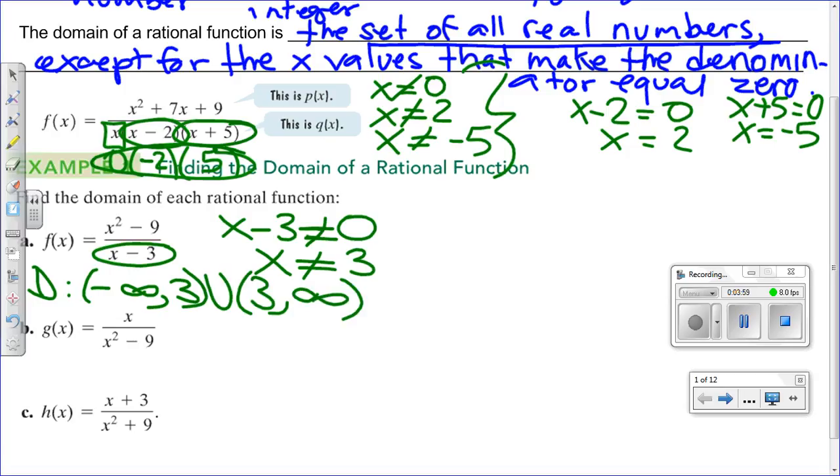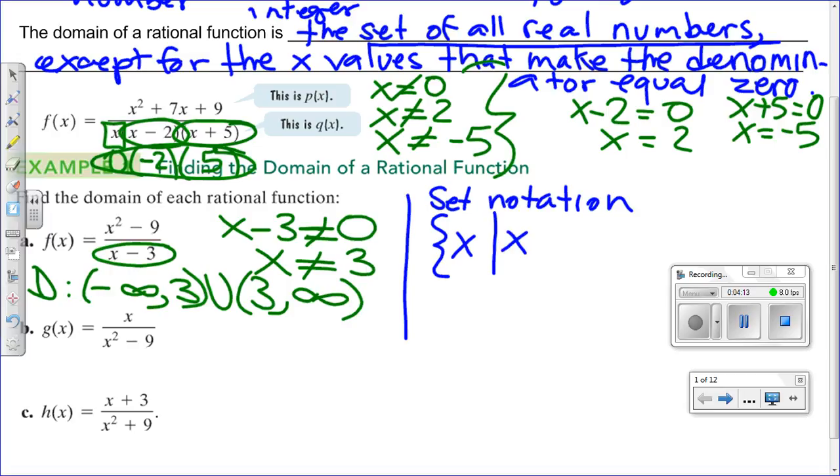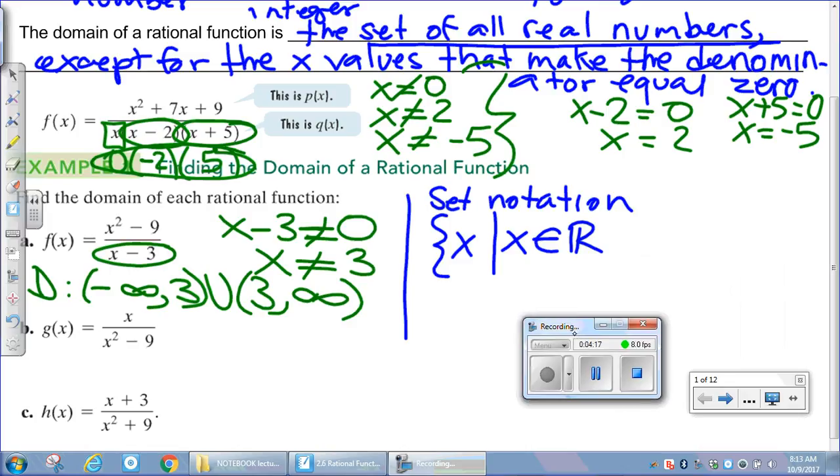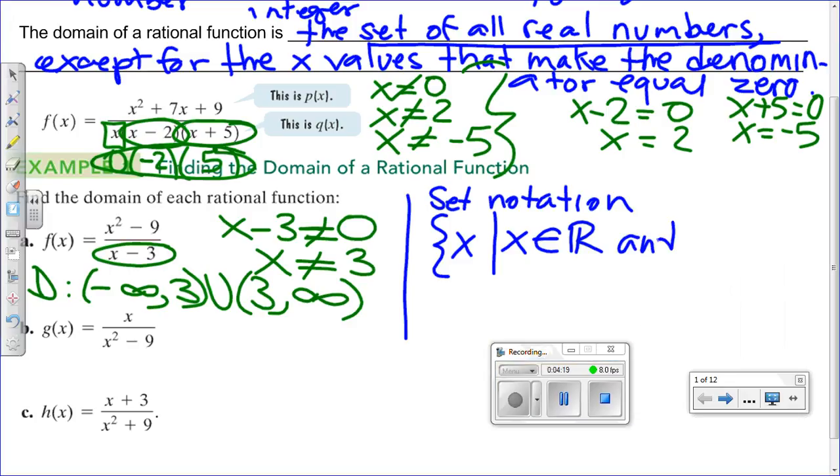Or if you want to write it in set notation, that will be with the braces or curly brackets. So it will be x, any x such that x belongs to the set of real numbers and x does not equal 3.